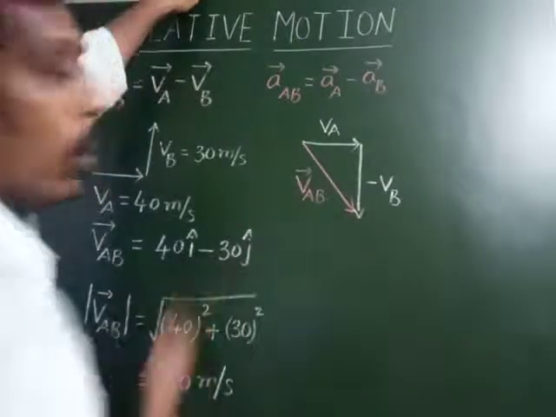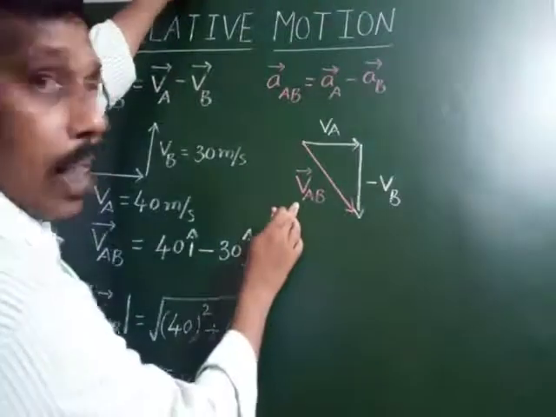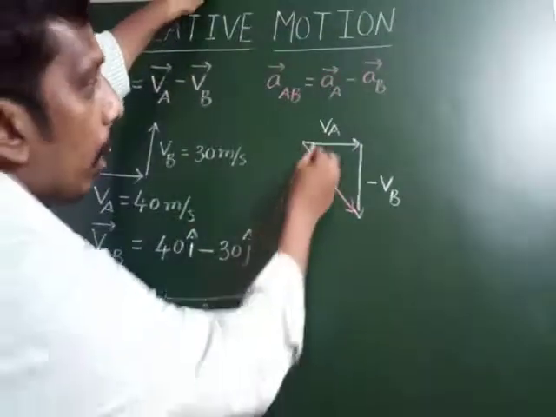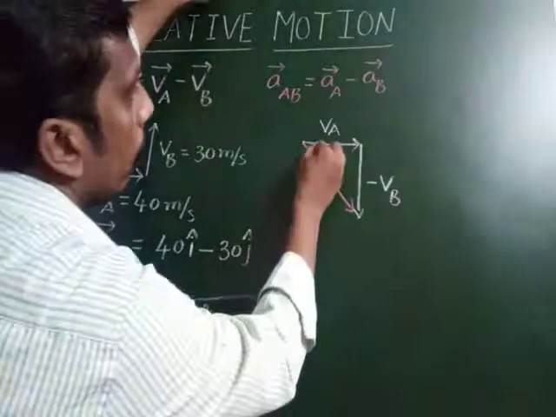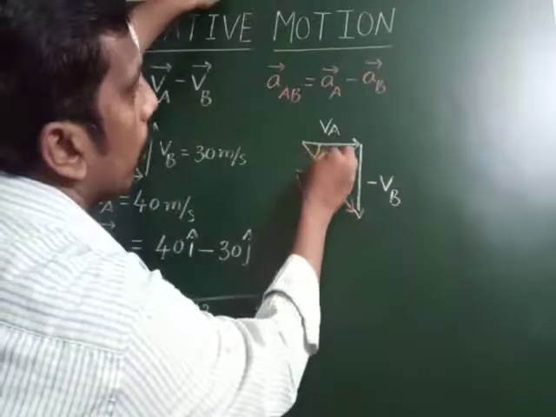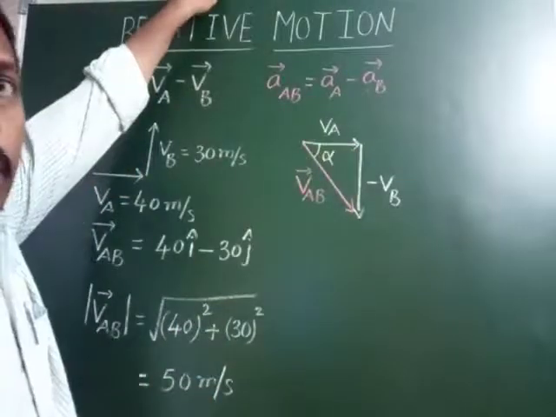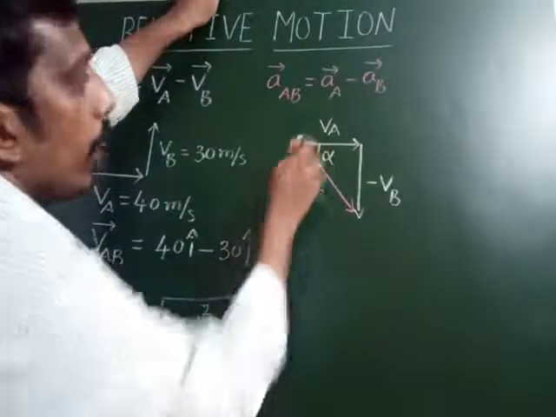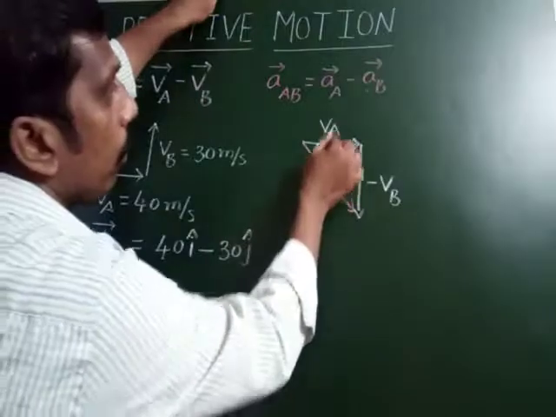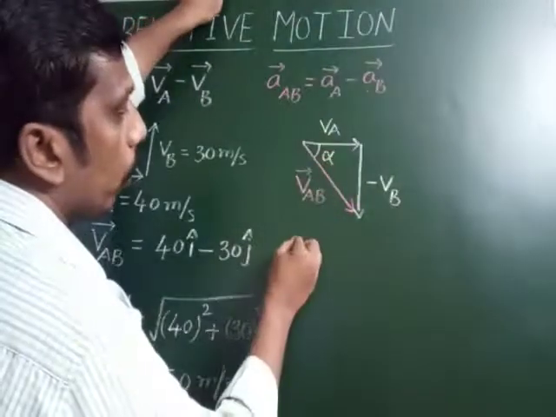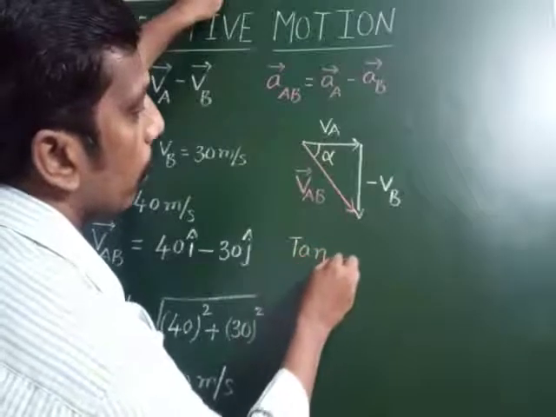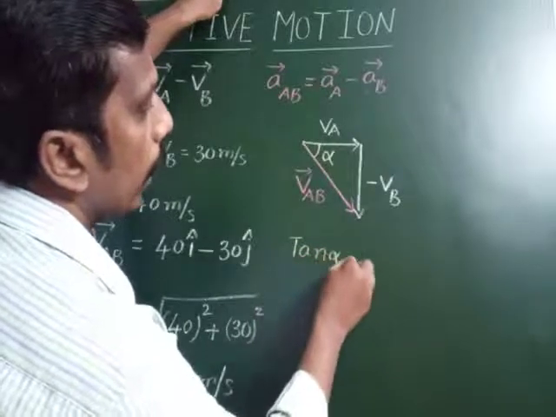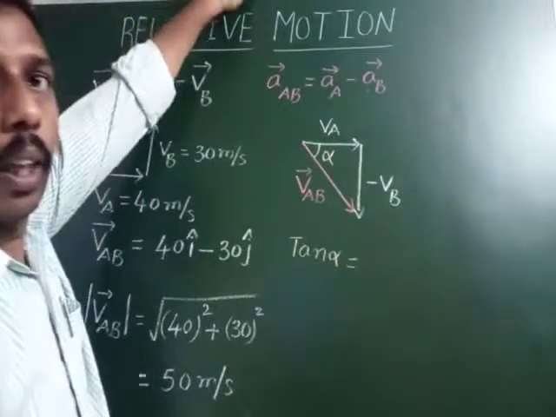Now we want to calculate the angle made by the resultant with VA. Suppose the angle made by the resultant VAB with VA is alpha. Then we can write tan alpha, using the formula tan theta is equal to opposite side by adjacent side.